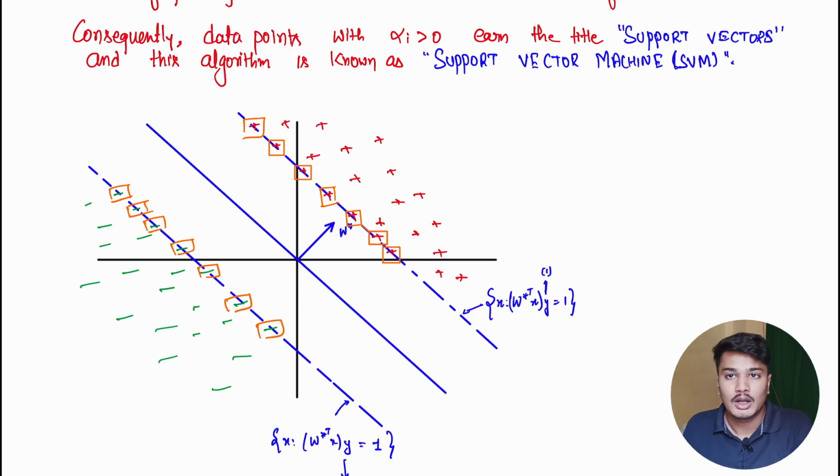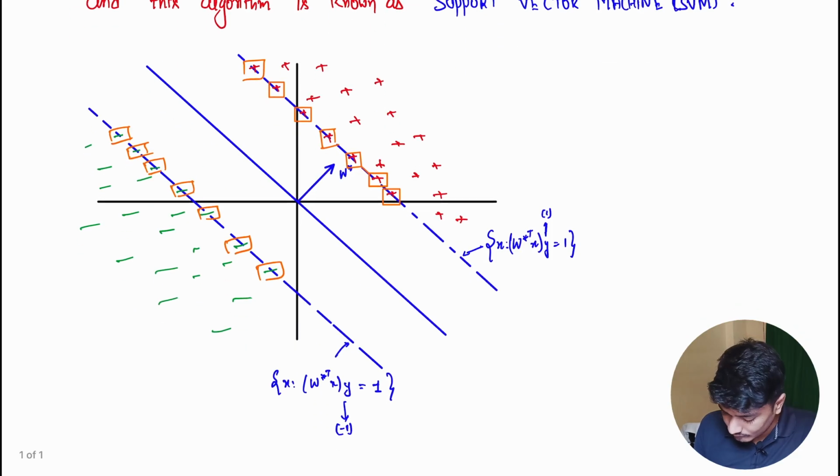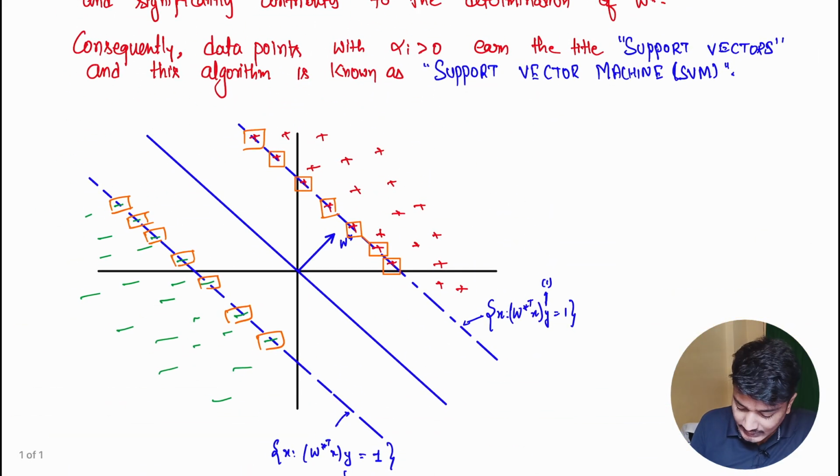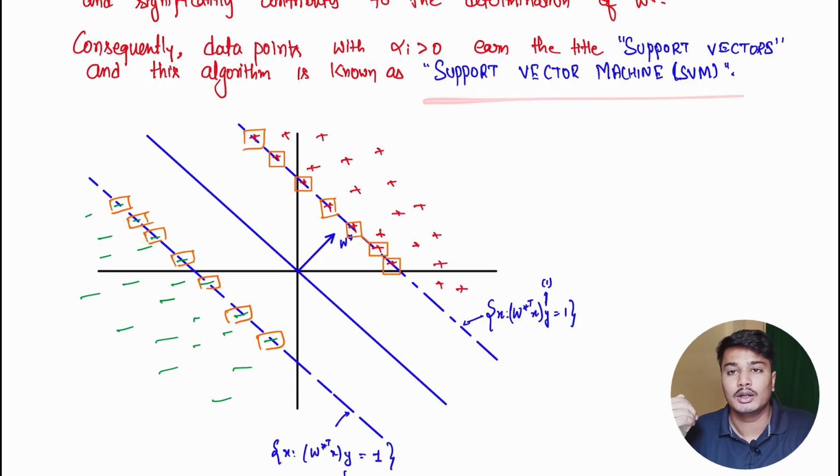So we can throw away all the other data points which are not on this hyperplane. For all alpha greater than 0, we get that W which is on this hyperplane. We need only those for determining W star. These vector points are called support vectors, and this algorithm is called support vector machine.